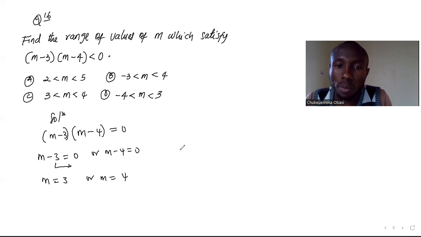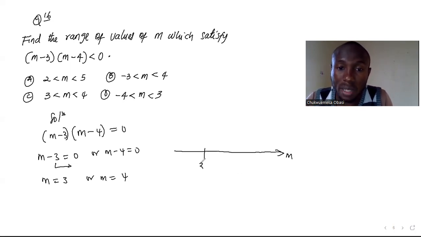Now, you go and put up a number line like this. So this number line is on m. So you have these 2 points. You have 3 somewhere here and you have 4 somewhere here, okay? Now, every point from this side will be m is less than 3. If you do your inequality very well, you know, everything from this point downwards is m less than 3.